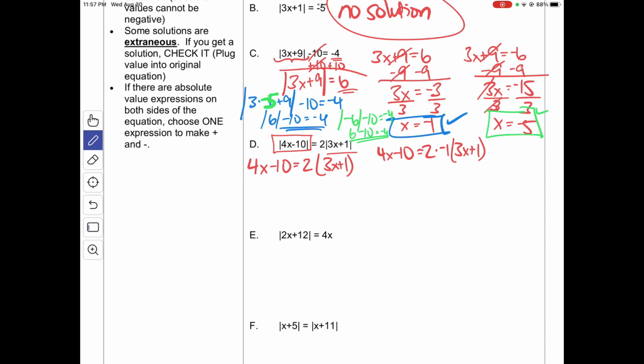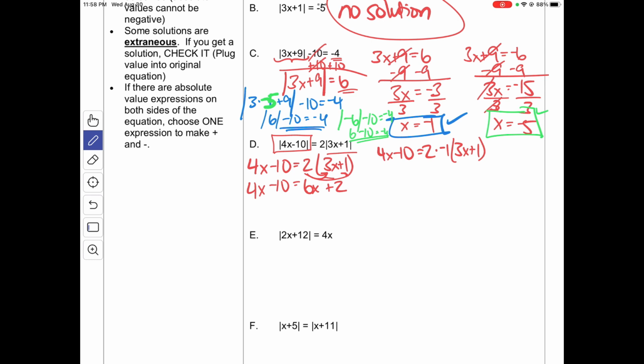The easiest way to approach this is to go ahead and do the distributive property to get rid of the parentheses there to simplify what's on the right-hand side of the equation. So 4x - 10 equals 2 times 3x is 6x, and 2 times 1 is 2. And now my equation is simple enough to simplify and get x all by itself on one side of the equation.